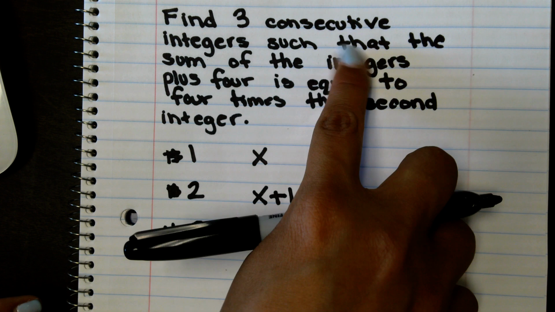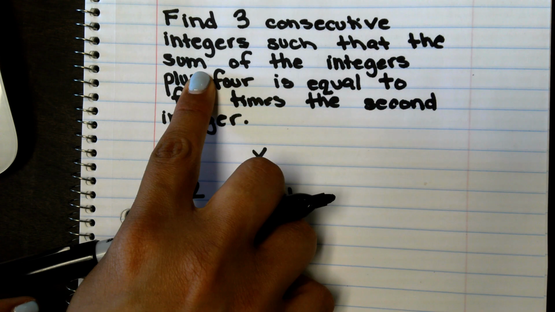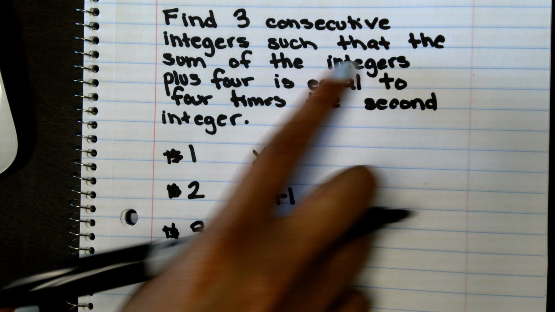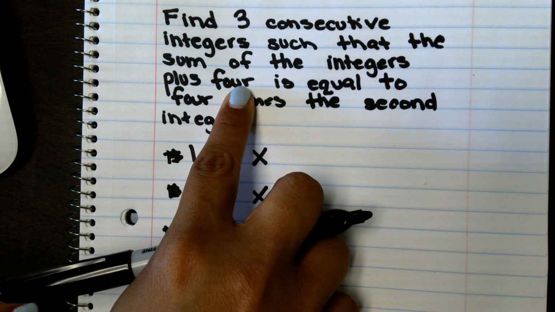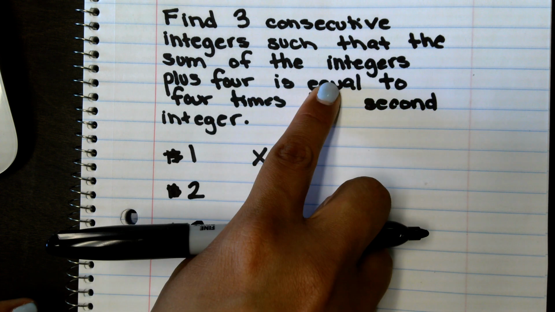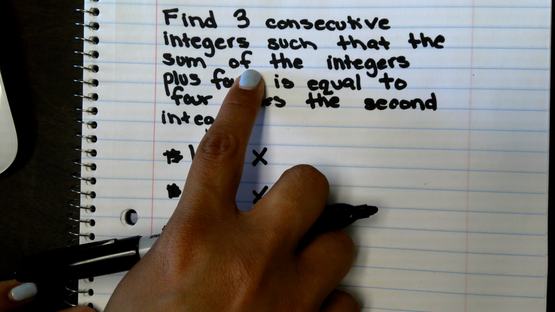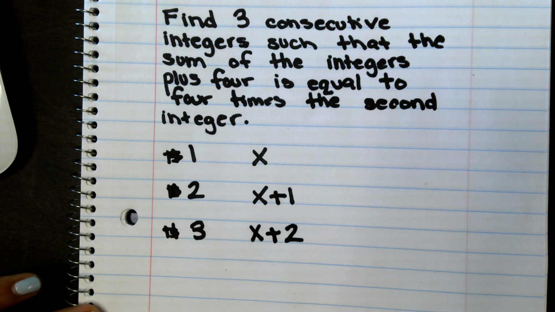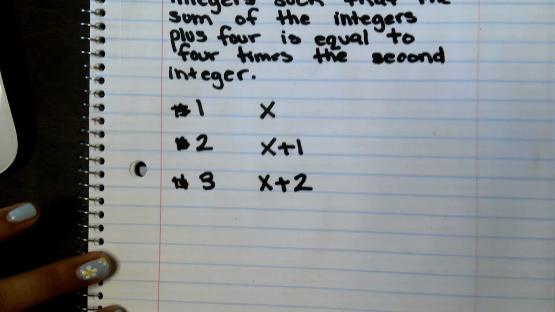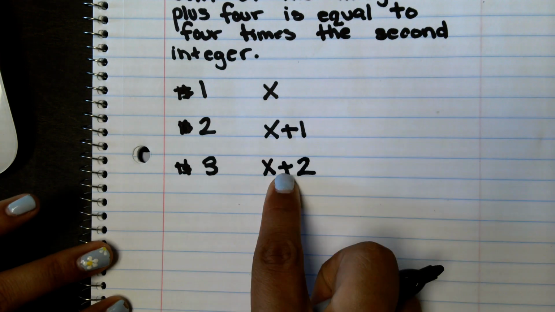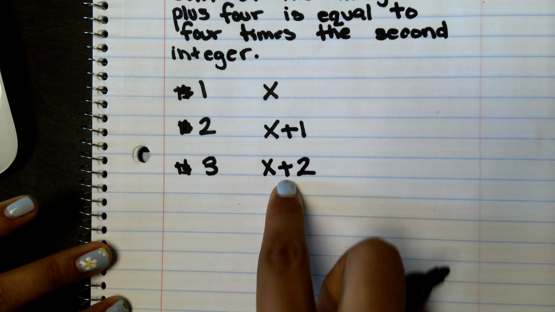This says such that the sum of the integers plus 4 is equal to, let's stop there. The sum of the integers. Sum means to add up. So the sum of these integers, we're going to add up these three.